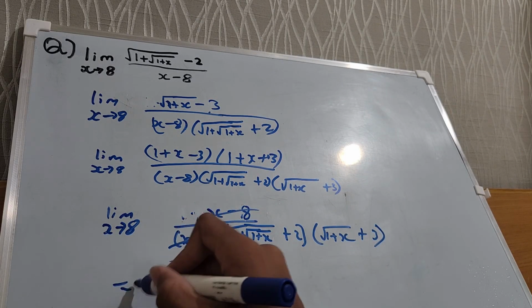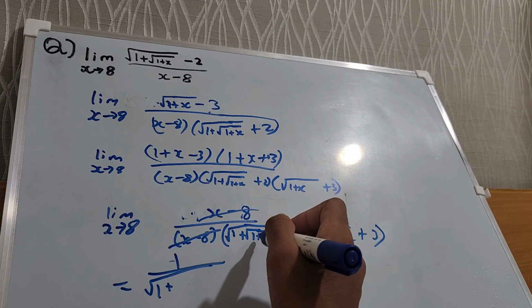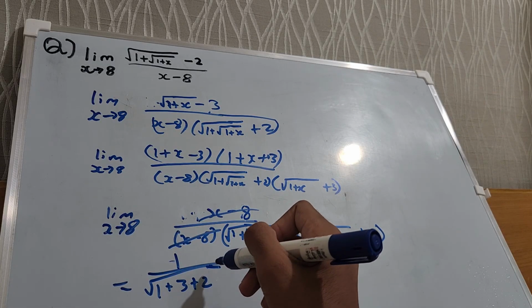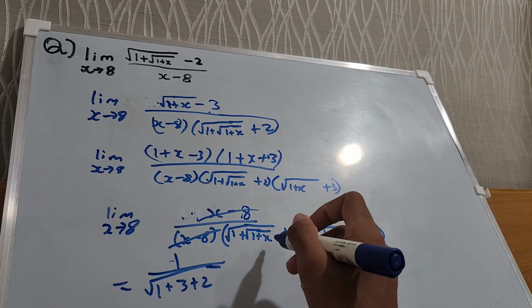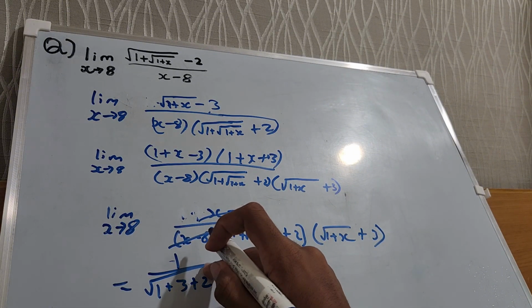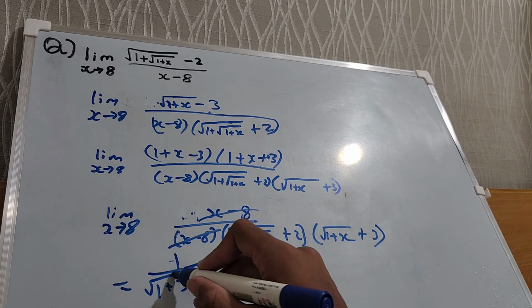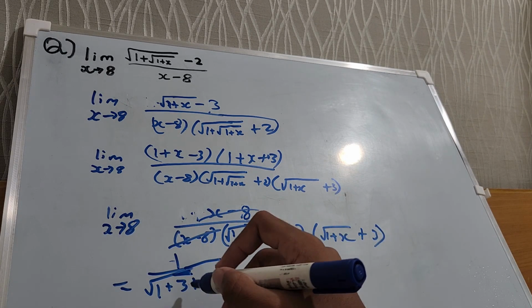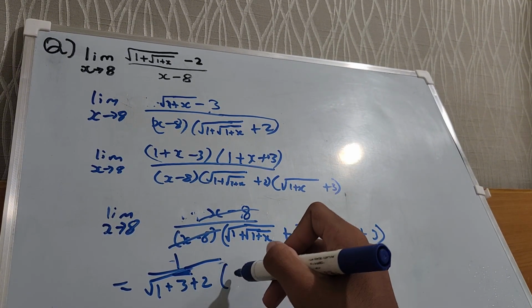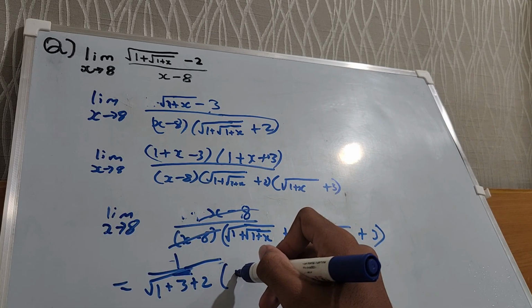So it is equal to 1 by root over 1 plus 8, 9, root 9 is 3, plus 2, which is 4, into, we can write 8, that means 3 plus 3, 6.